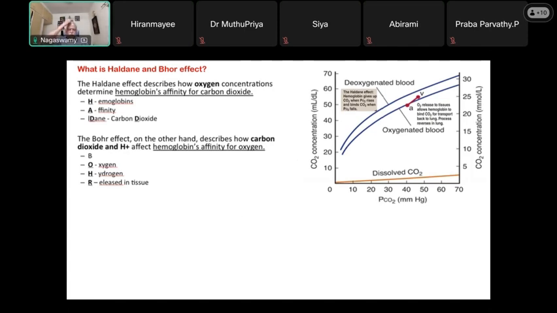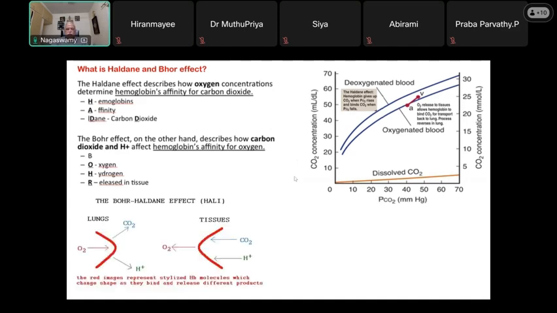Whereas when it comes to the lung, you have to give up the carbon dioxide and take in oxygen. Okay? So there the affinity for carbon dioxide has to be reduced so that it will be given up. At the level of tissues, the affinity of the blood for oxygen has to be reduced so that oxygen will be delivered to the tissues. So those are the two important things. This is also called the Bohr-Haldane effect, where at the lungs, oxygen has to come into the body and the carbon dioxide, and of course some amount of hydrogen ion, will also be given out.